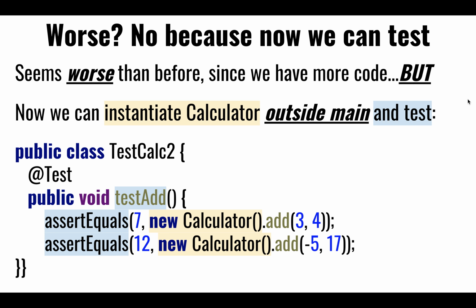I can test it independently of my main. Make sense? At first it doesn't quite seem like it buys as much, but again, our focus is: can we test? Going forward, that's going to be our mantra. So it's outside main, and we can test it independently.